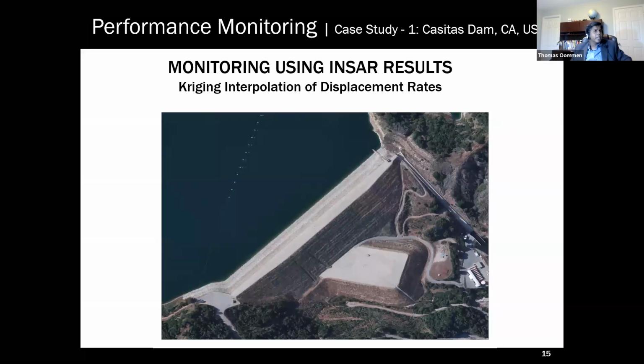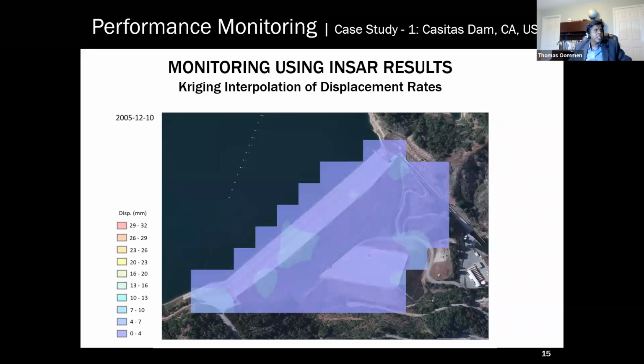So we decided, okay, let's look at a time series of this. We interpolated that data to see a time series. Here you can see in 2005, December 10th, for most of the area the displacement was about 0 to 4 millimeters. But where point 2 was, there was about 7 to 10 millimeters.